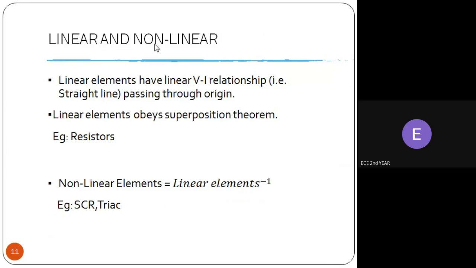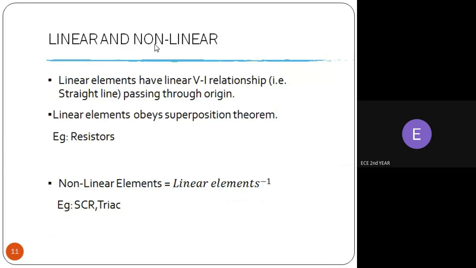Linear and non-linear networks. Linear elements have a linear VI relationship, VI in the sense voltage to current relationship, which is a straight line passing through the origin. A linear element obeys the superposition theorem. Example: resistance. Non-linear elements are directly opposite to linear elements.